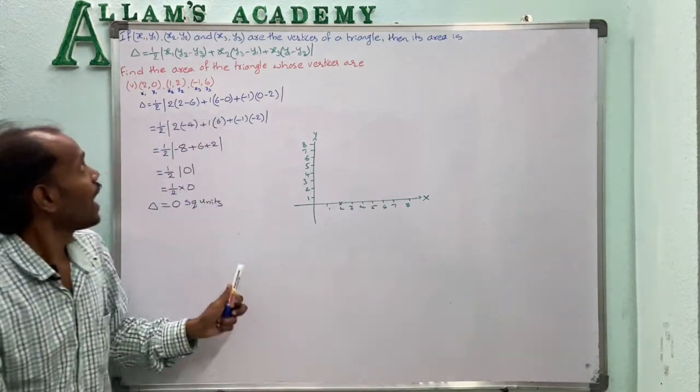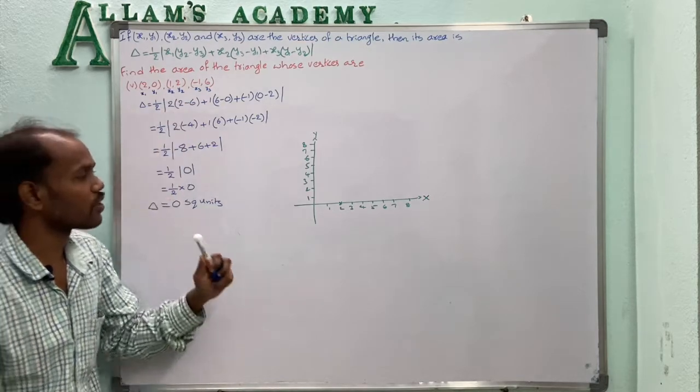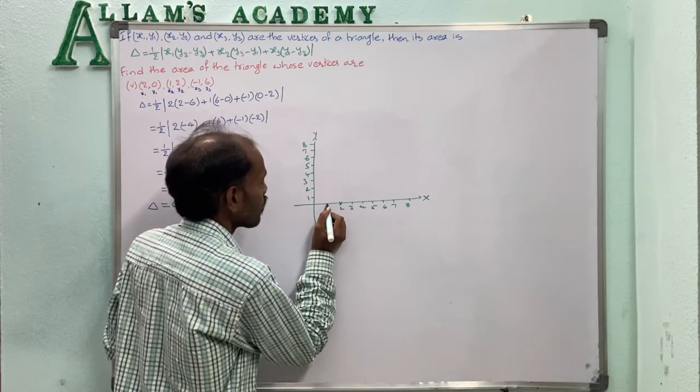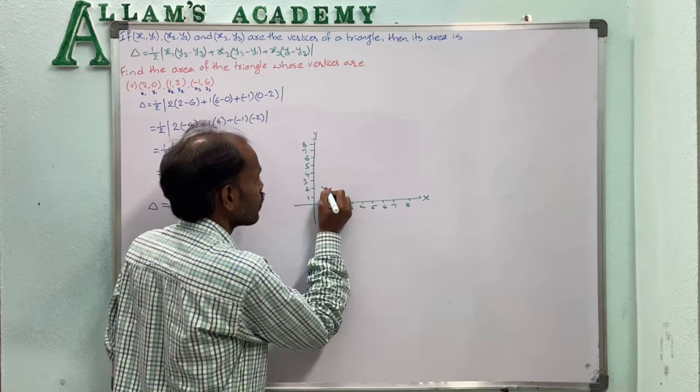The second coordinate is 1 comma 2, so the x coordinate is 1 unit distance and the y coordinate is 2 units distance.